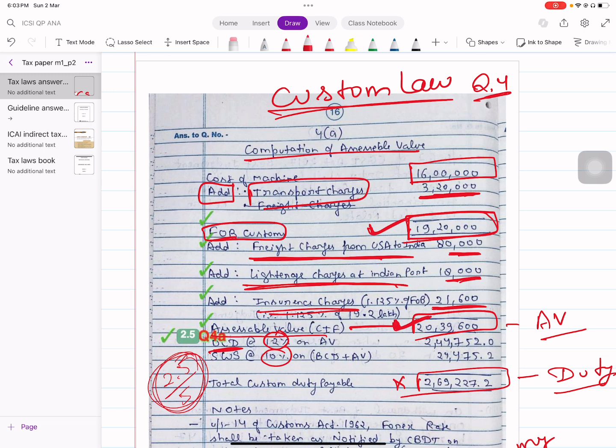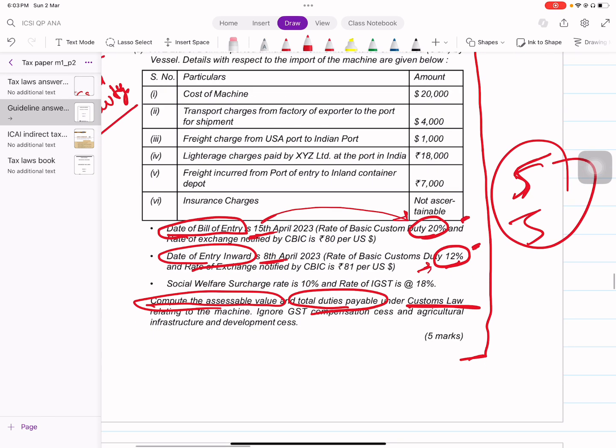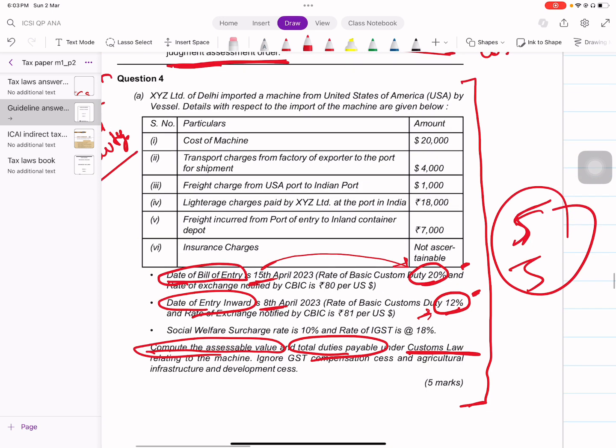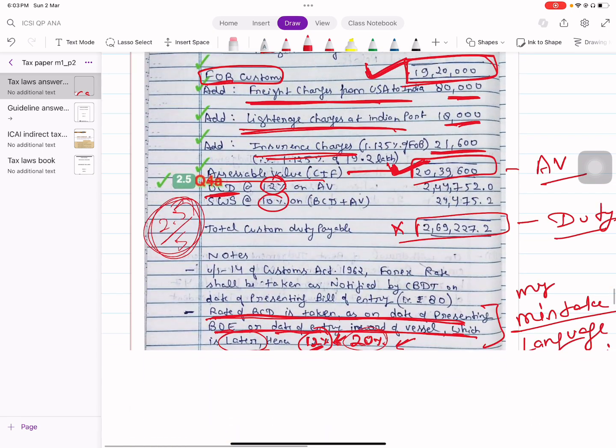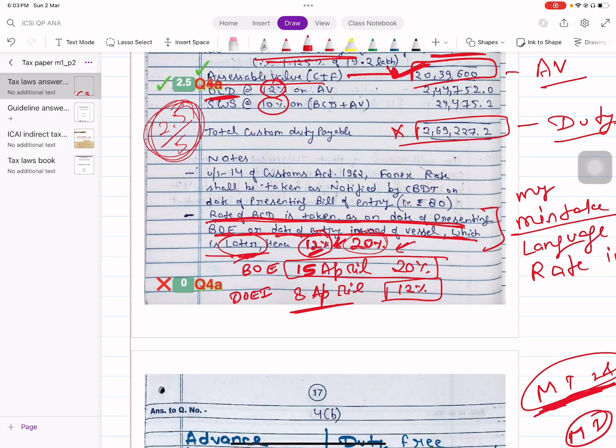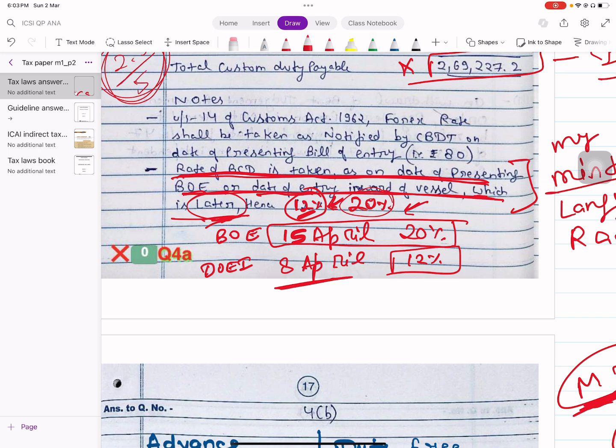Now question number 4A and 4B relate to customs law. Question 4A was to calculate the assessable value and total duties payable under customs law. I have correctly calculated the FOB value and assessable value. However, I have incorrectly applied the basic customs duty rate. We have to take the rate of BCD as on the date of presenting the bill of entry or the date of entry inward, whichever is later.